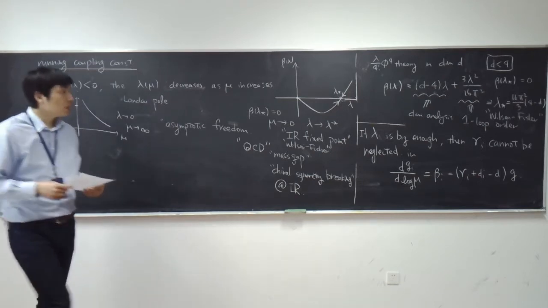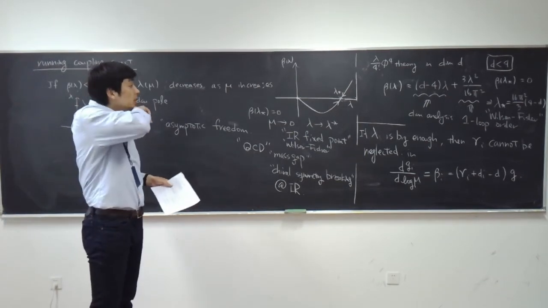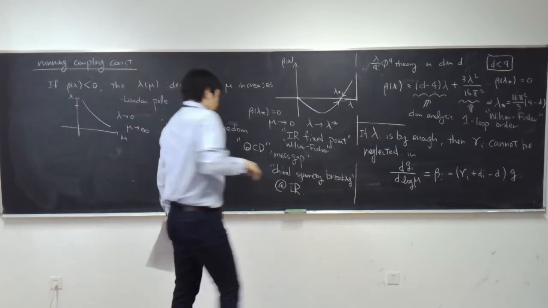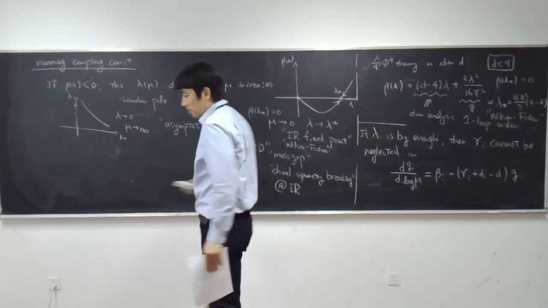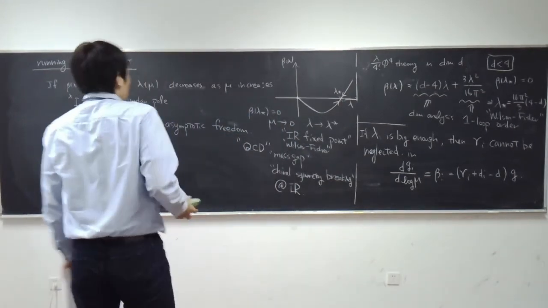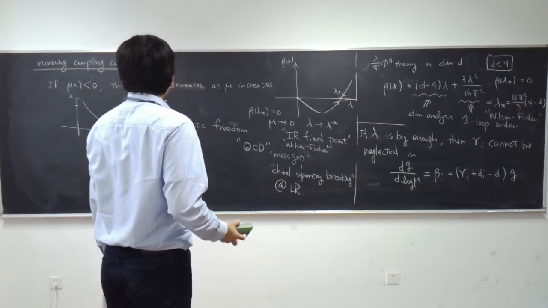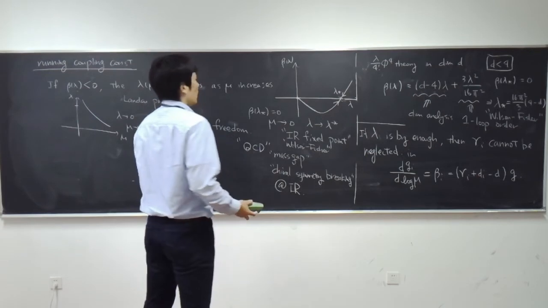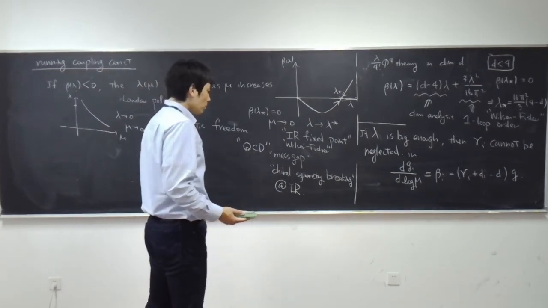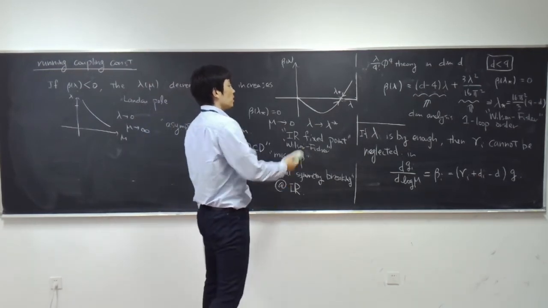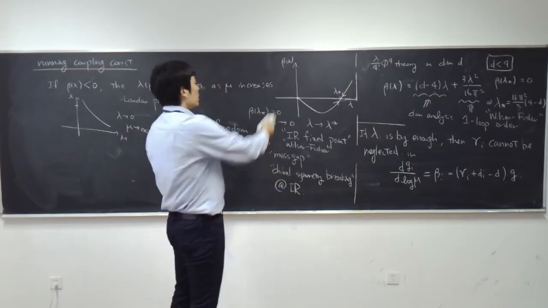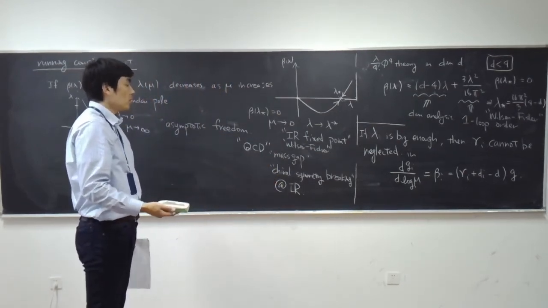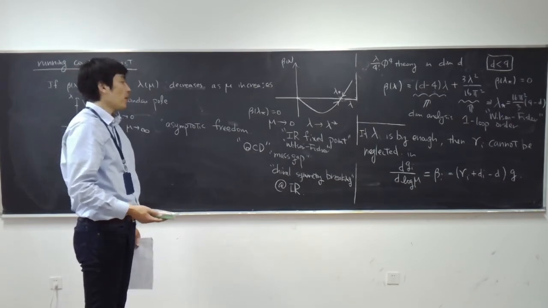I explained to you how the coupling constant depends on the scale, and also the beta function, and how the theory behaves depending on the sign of the beta function.